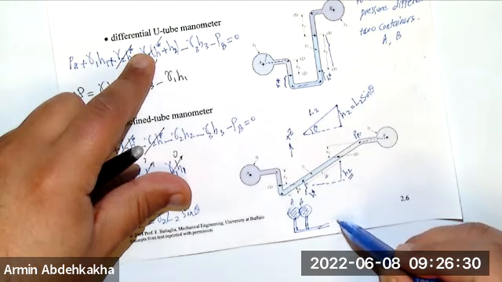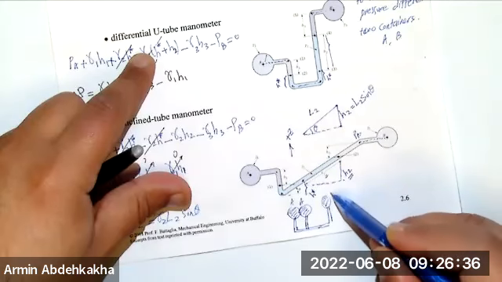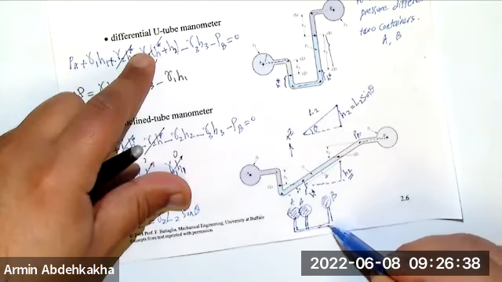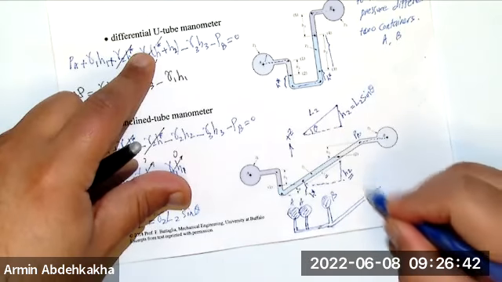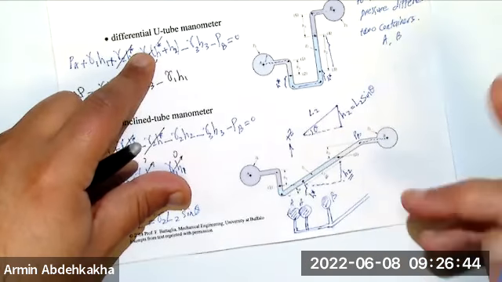Then you will have another line here, which is container B, or you have an inclined version of that. And this is stopping here.